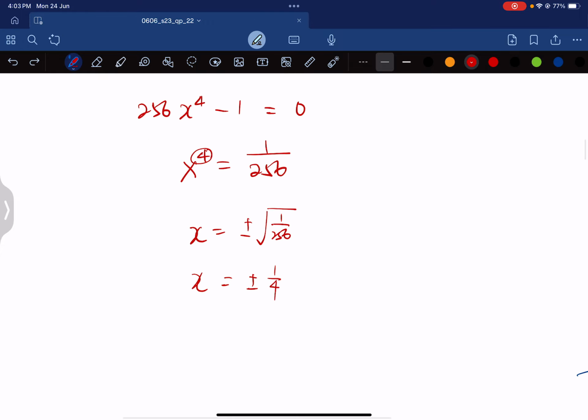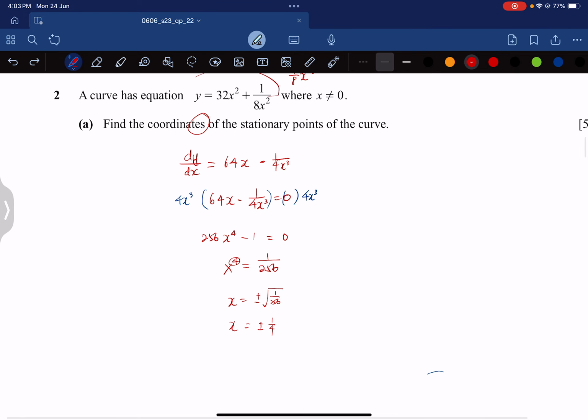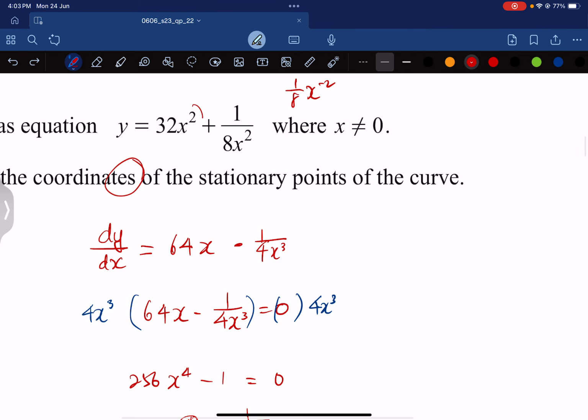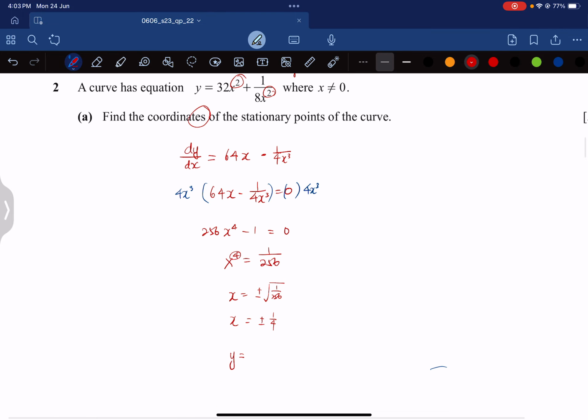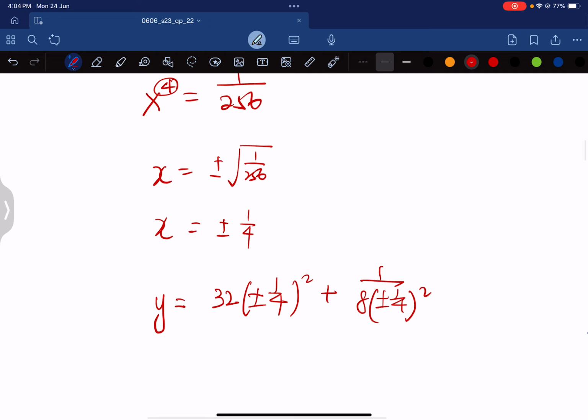So we need to find the corresponding y coordinate. So y is what? Y is this thing. Because of the square, the y coordinates would be the same. No matter whether your x is positive a quarter or negative a quarter, it doesn't matter because after squaring they are the same.